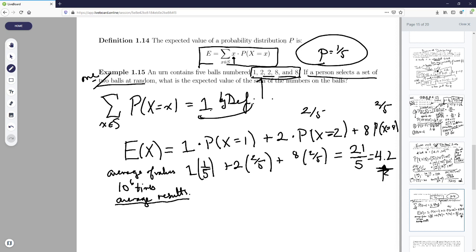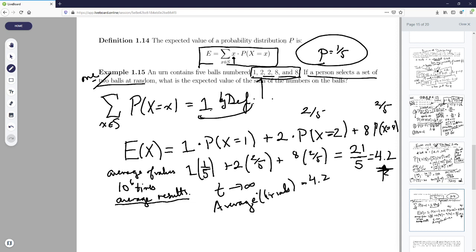It means that as the number of trials goes to infinity, we expect that the average of the trials will converge to 4.2.